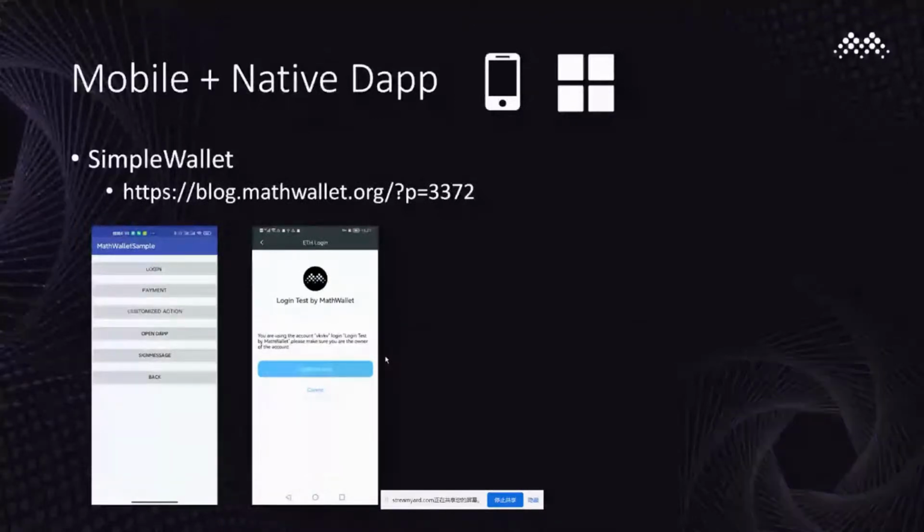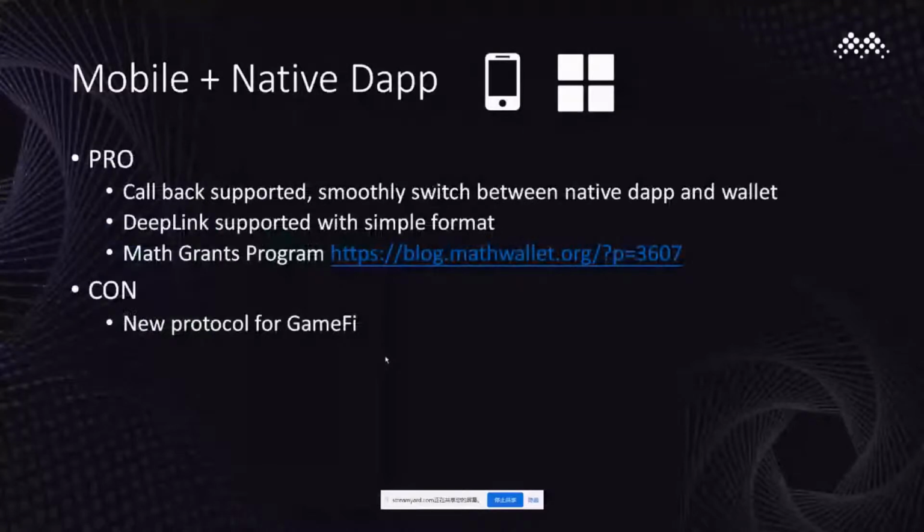The pro for this is that it already has callback support, and it also supports the deep link format, which makes things very easy. For your native app, you just need to compose a deep link, and it will automatically do the jump and the return actions.